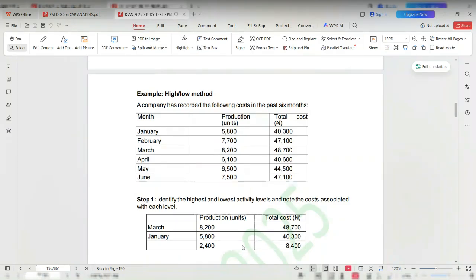Now, to get the variable cost per unit, we can say 48 divided by 24. Cost per unit, CPU, equals your total cost divided by your number of activity level.